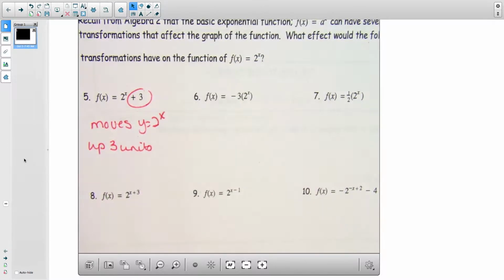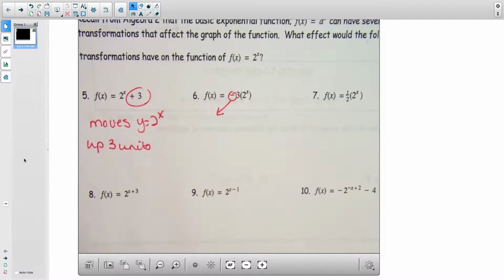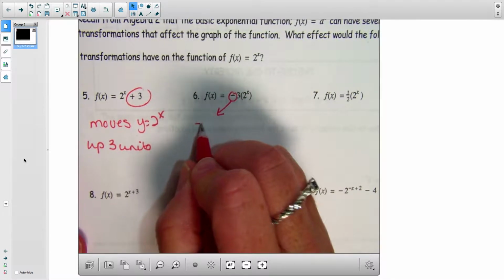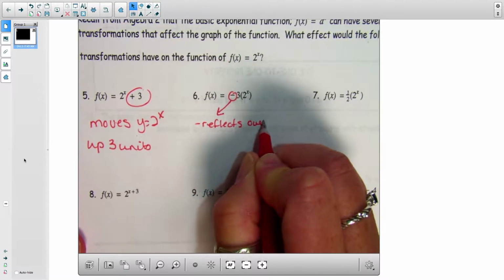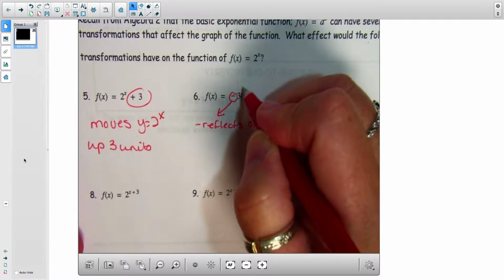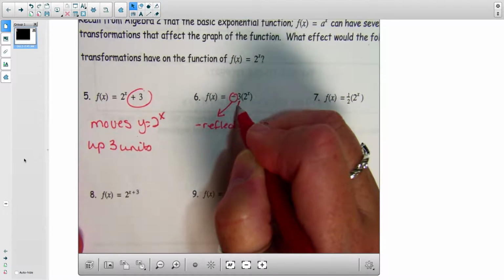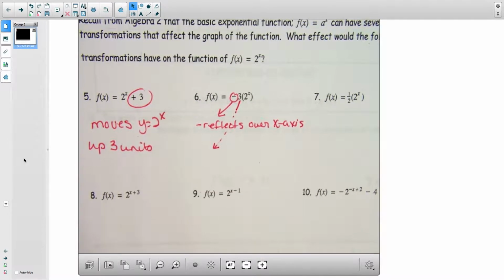It has 2. It has that negative. What's the negative going to do? Reflects over the x-axis. And then what does this 3 do? Makes it go up faster.